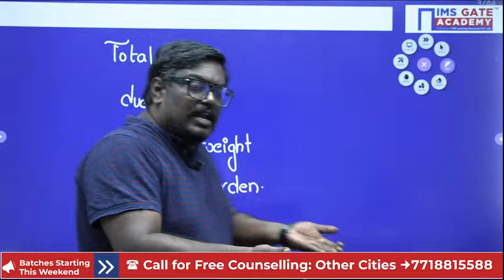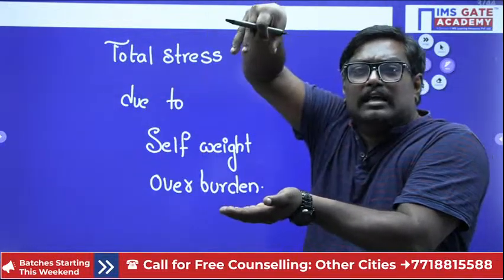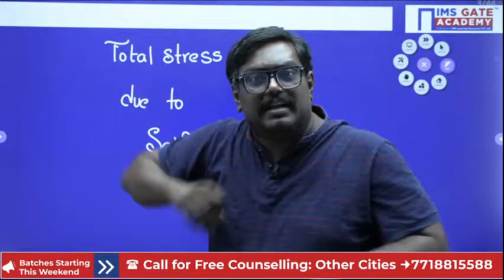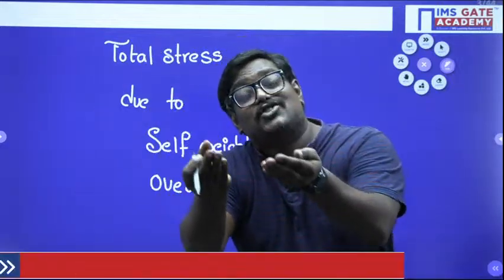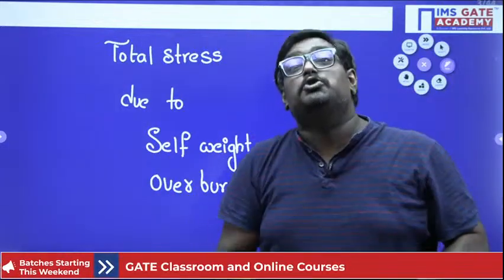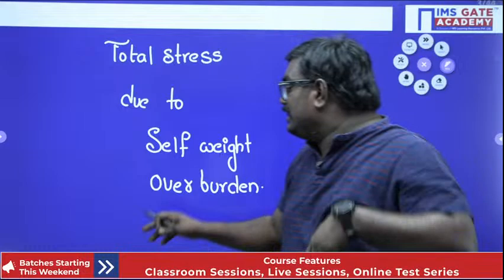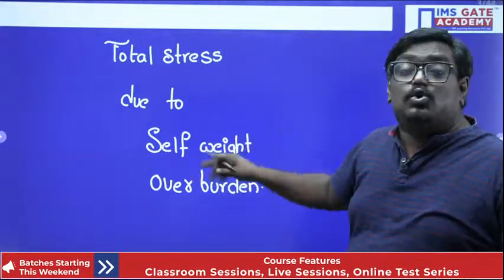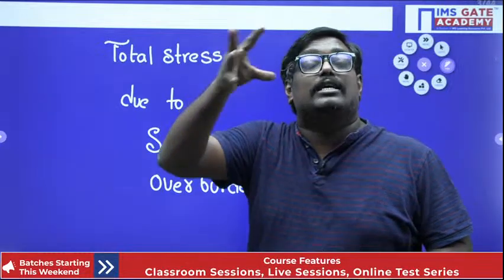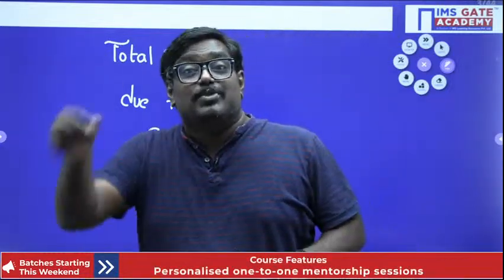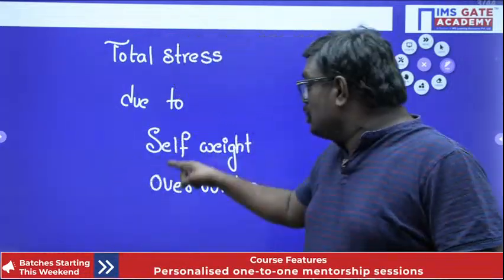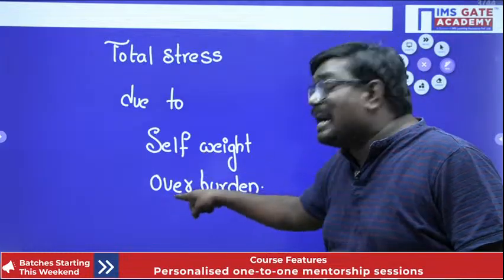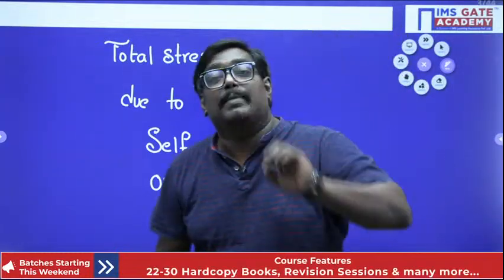So my dear students, on the soil, there can be a structure placed. Whatever stress is induced due to the structure can be an overburden, and the self-weight will be the other. So there are two ways the total stress can be induced: one due to self-weight and the other due to overburden. Are you following, Srujana? Is it clear?